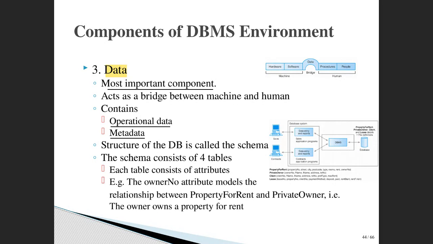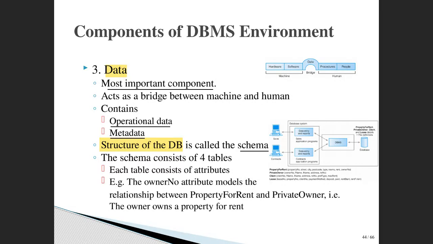Our system catalog will provide more description about the data, like data type and more details about data definition and data structure. Now you need to know that the structure of the database will be known as a schema. So what is the schema? The schema is the structure of the database.